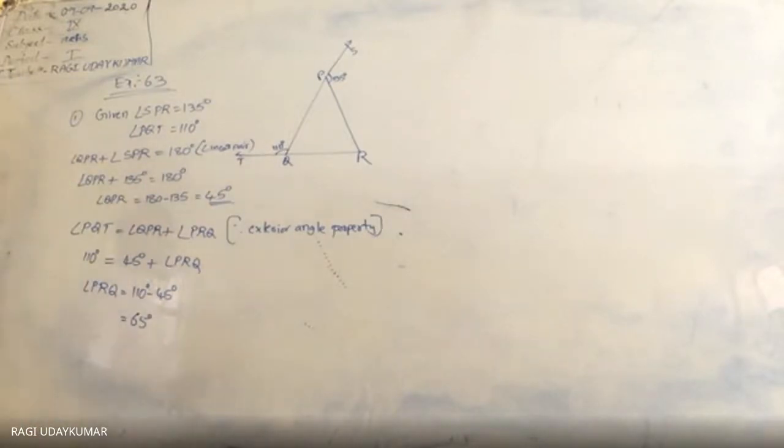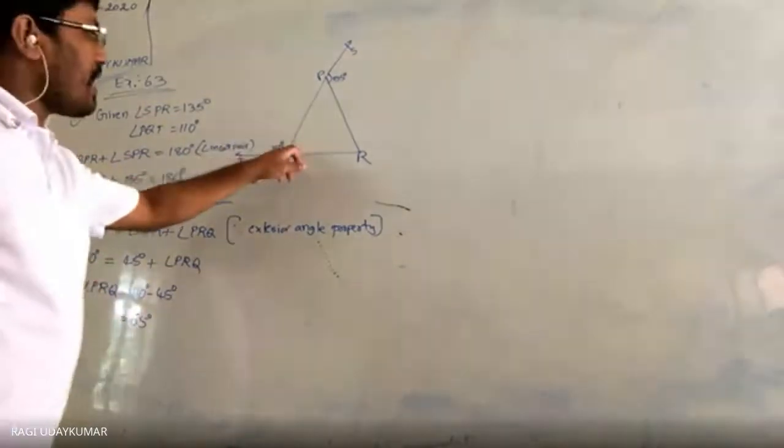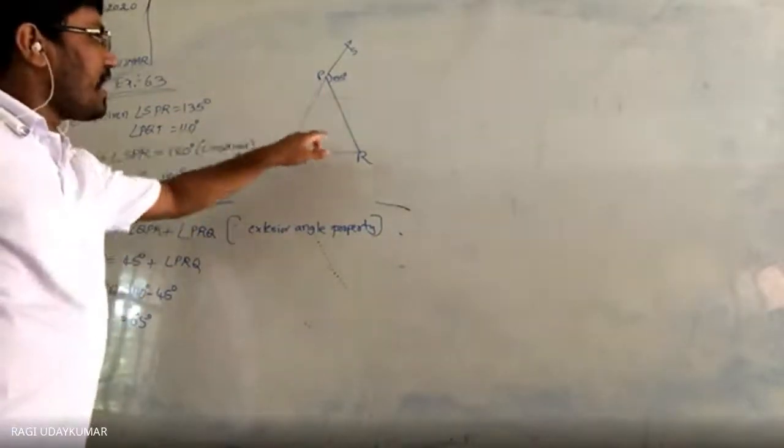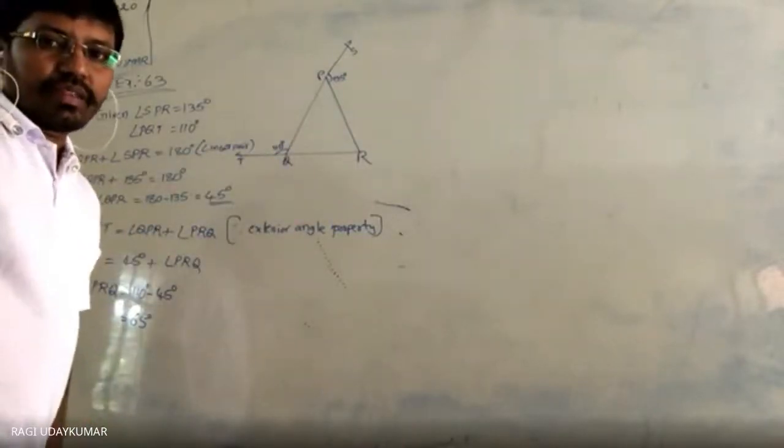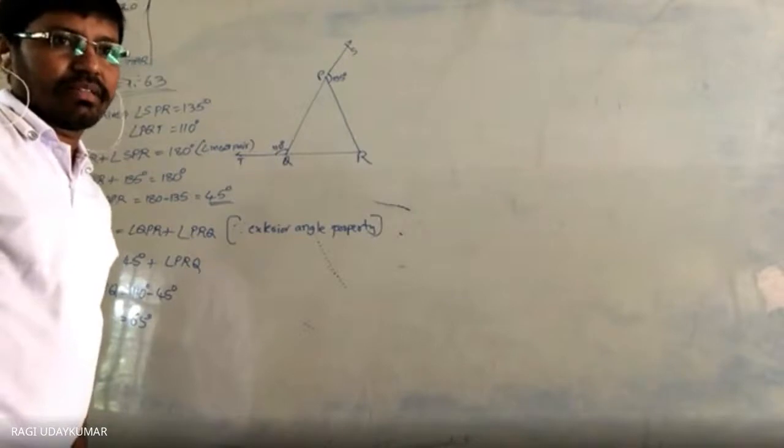So angle PRQ is 65 degrees. You can also find PRQ using the sum of the three angles property.